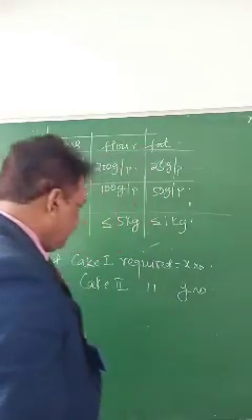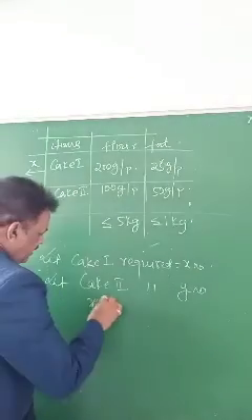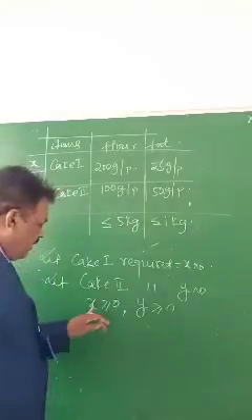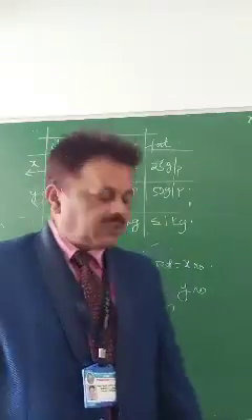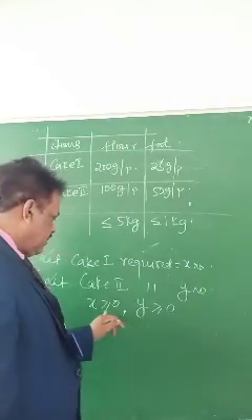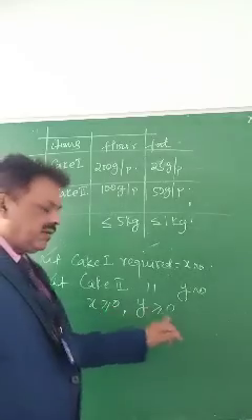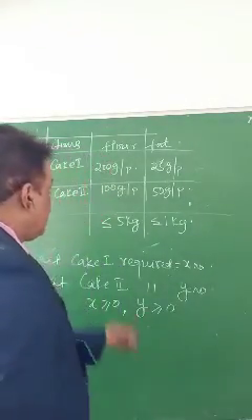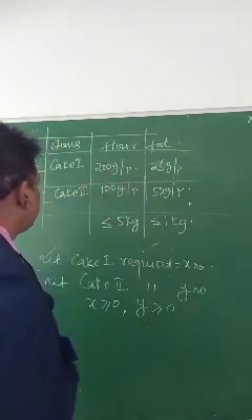Obviously X is greater than or equal to 0 and Y is greater than or equal to 0. So the first linear constraints you got are the non-negativity constraints, because the number of cakes cannot be negative.